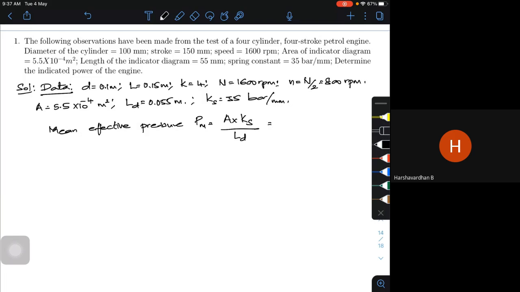So the area is 5.5 into 10 to the power of minus 4, into the spring constant 35 bar, that is 35 into 10 to the power of 5 per millimeter, divided by LD, which is 0.055.